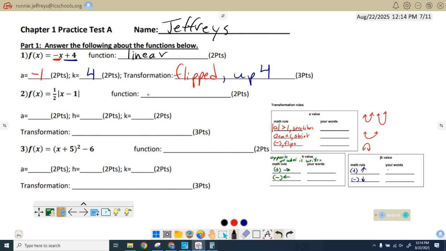All right, number 2. What is our function in number 2? Exactly, it's an absolute value. Now this is our A value, which is 1/2.